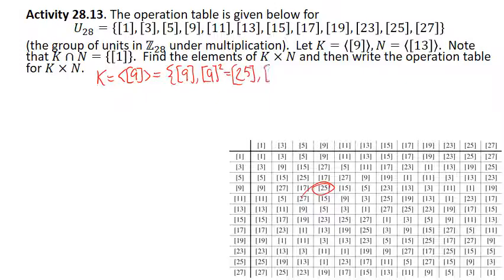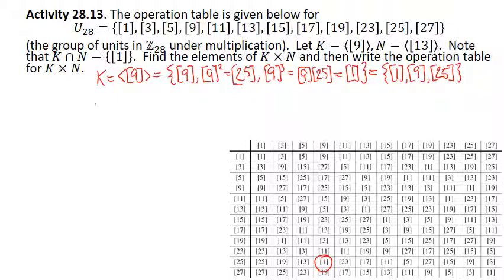Then 9 cubed is 9 times 9 squared, so 9 times 25. We can check that in the table too. It's right here, so that is 1. That's the last element. So it's just these three elements: 1, 9, and 25.